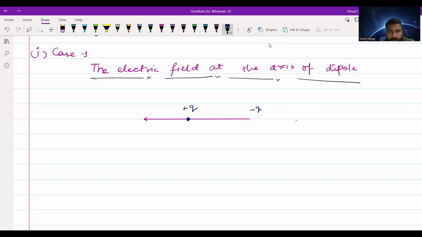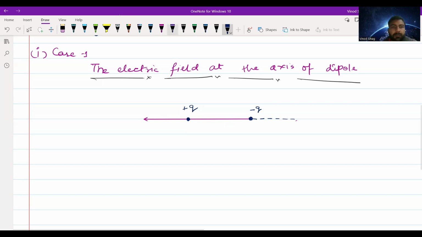So here is the positive charge and here is the negative charge. And this line may go on both sides.